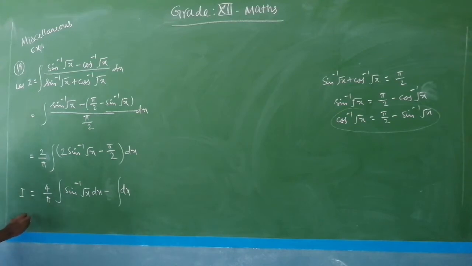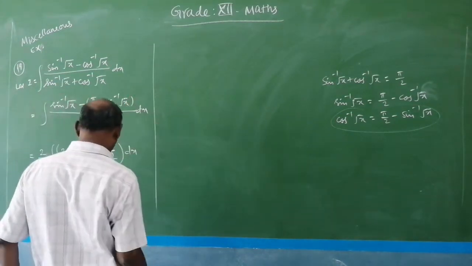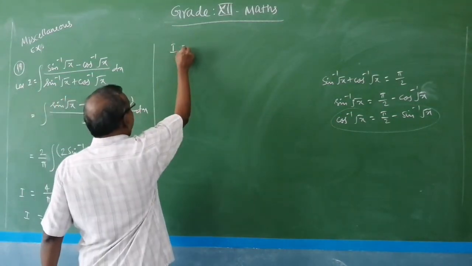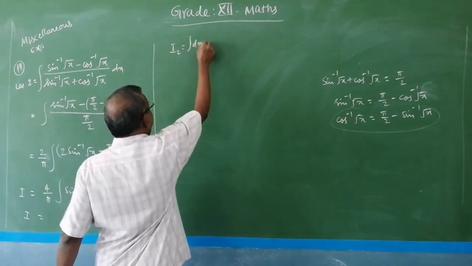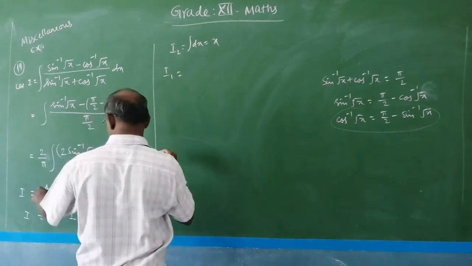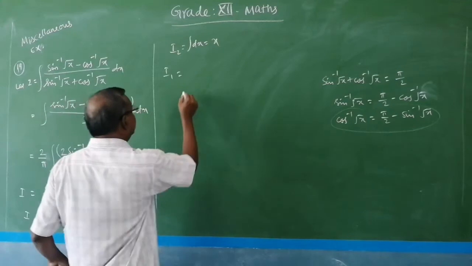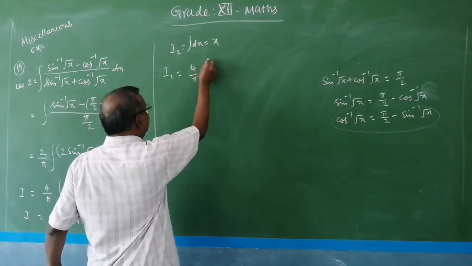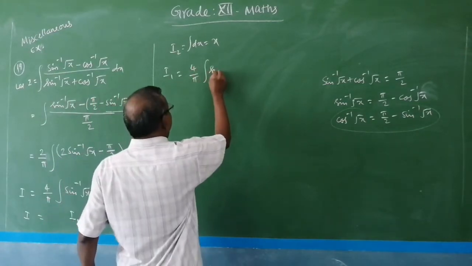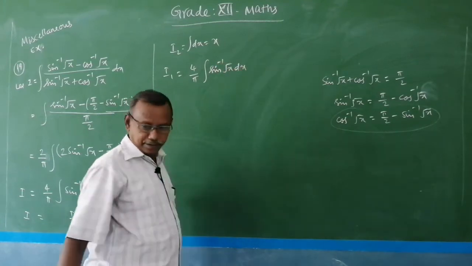Let I equal I1 minus I2, where I2 equals the integral dx, equal to x, and I1 equals 4 by pi integral sin inverse of root x into dx.